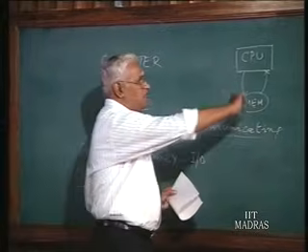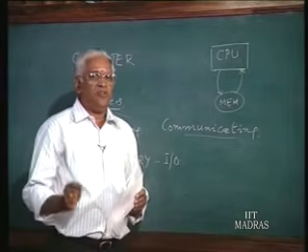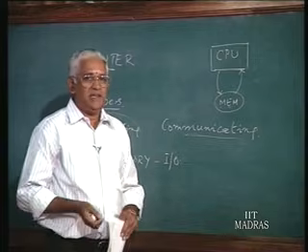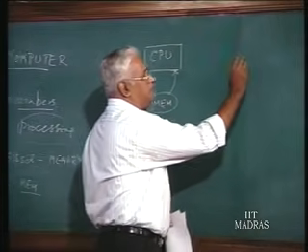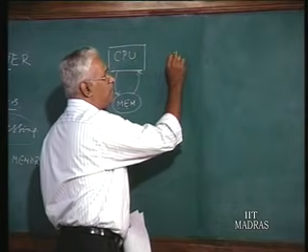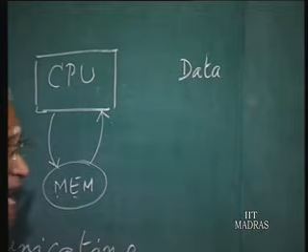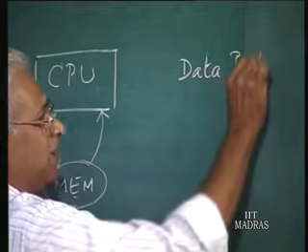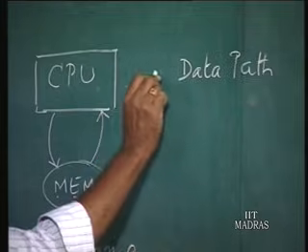Good. Now, what will this particular processor consist of? Obviously, the processor is the one which is going to deal with the data, and so the processor must be able to set up some kind of a path to handle the data. So, data path setting, this is one aspect of the processor.